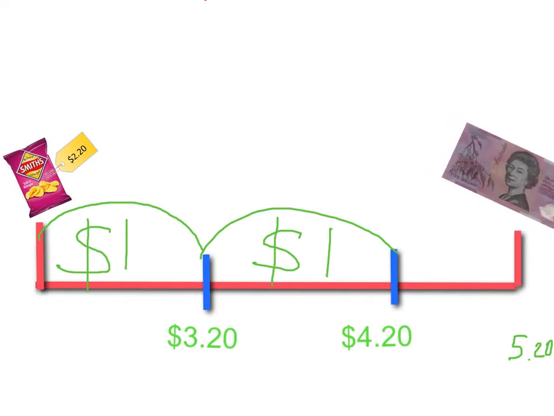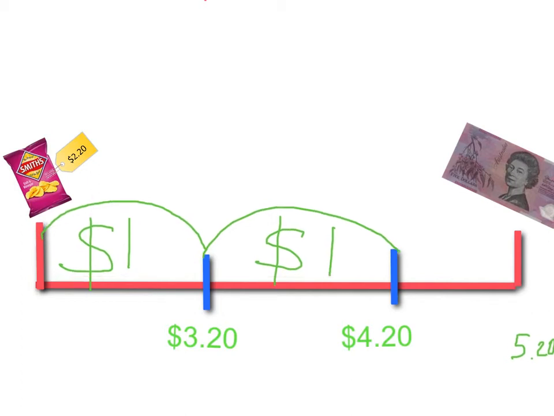So have a think. If I'm on $4.20 so far, I'm here, and I want to get to $5, how much more would this jump be? I'll count up 30 cents, 40, 50, 60, 70, 80, 90, $5. I'll make my jump. That was 80 cents from $4.20 to $5.